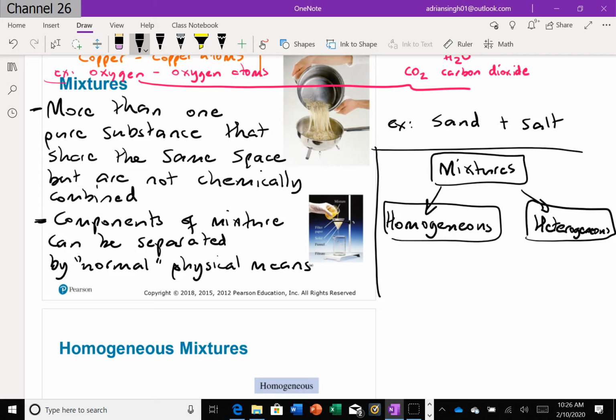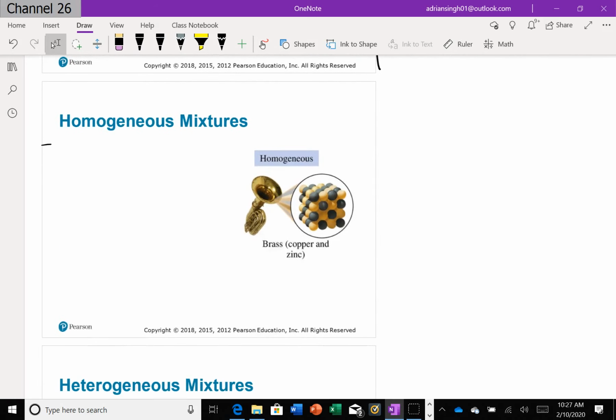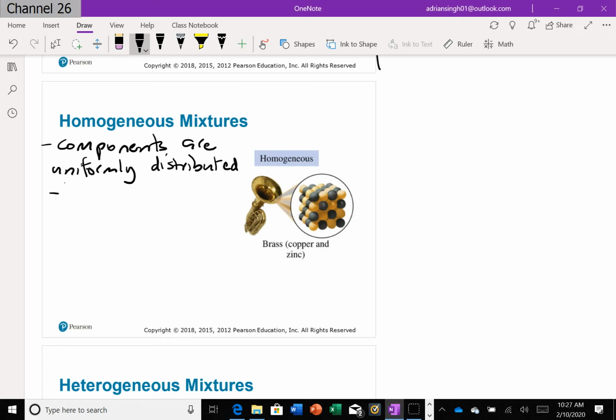Right, so in a homogeneous mixture, we can say that the components of it are uniformly distributed. In other words, it's going to look the same throughout.